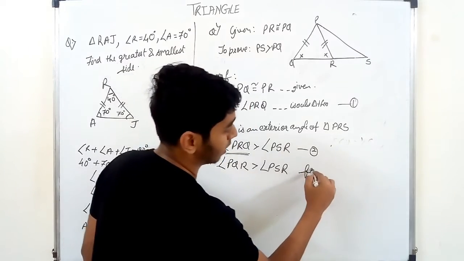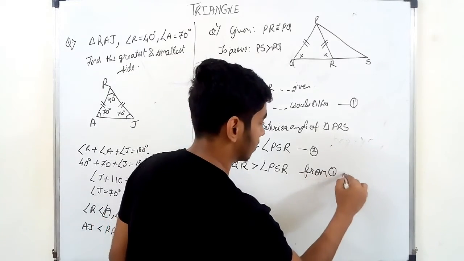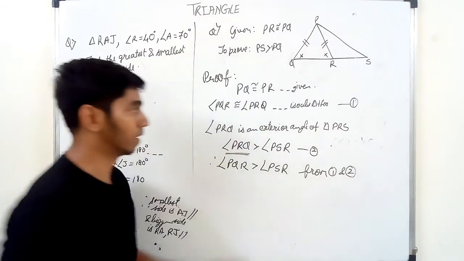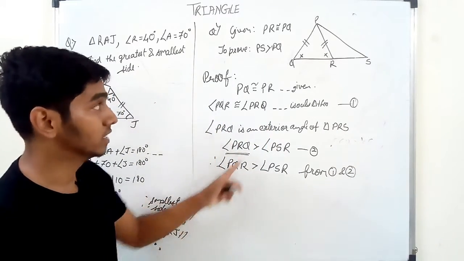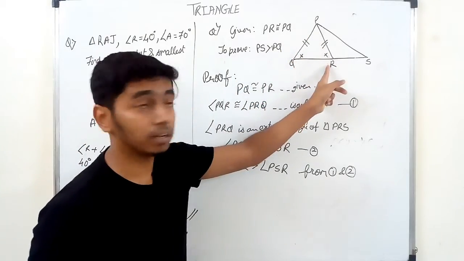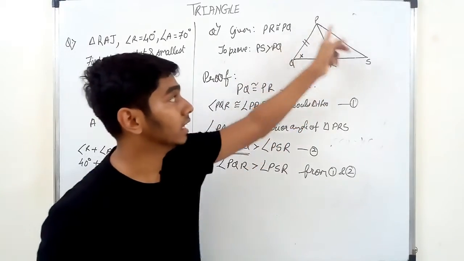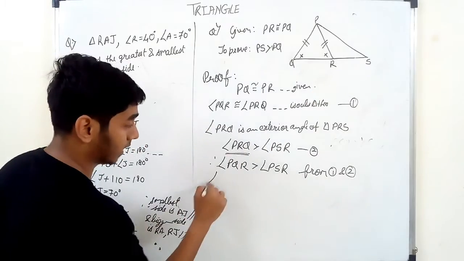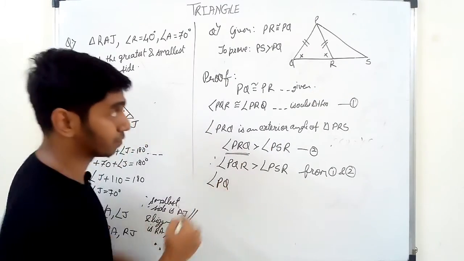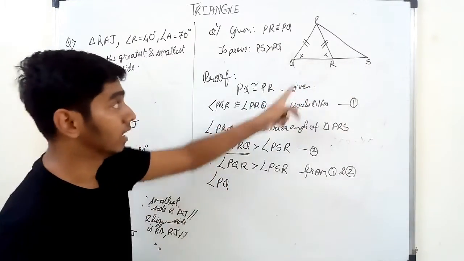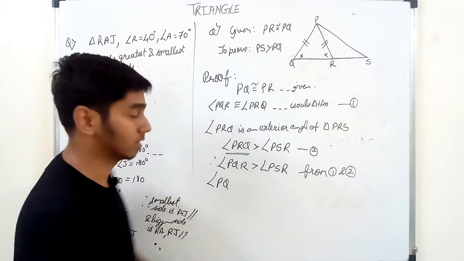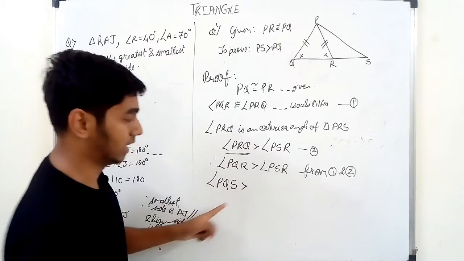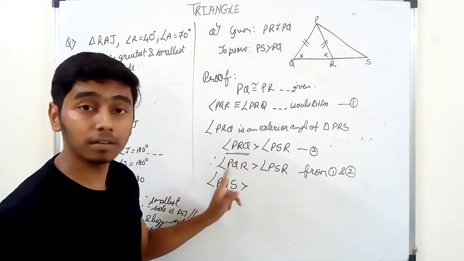So from 1 and 2, this is what we get. If you see, PQR is greater than PSR. Now, can I write this as PQS instead of PQR? I'm writing PQS, because it is the same angle, yes or no?